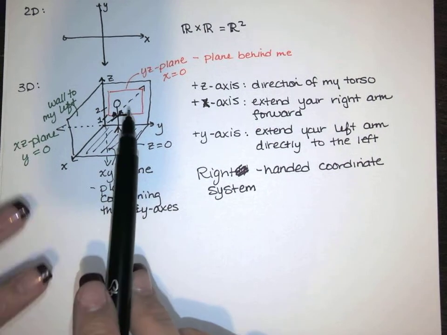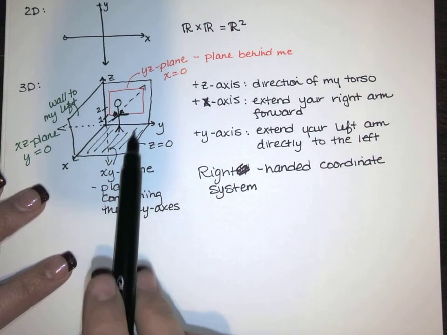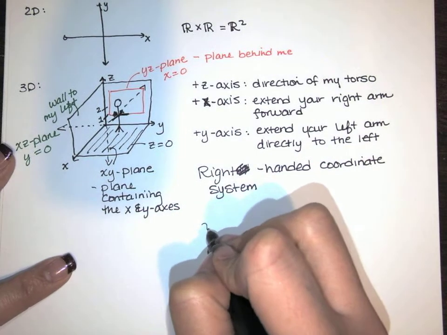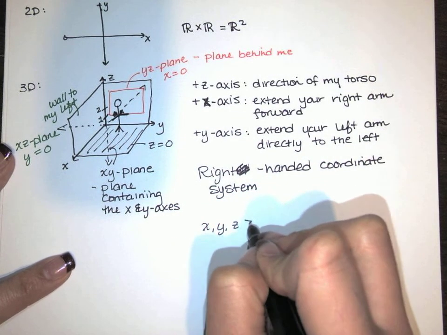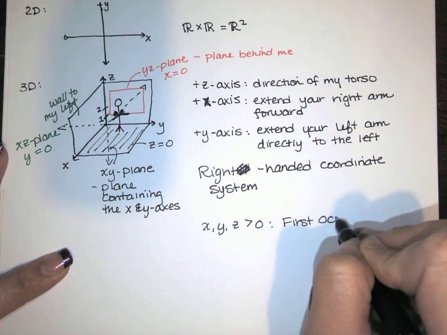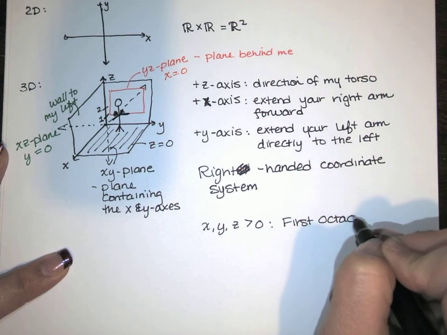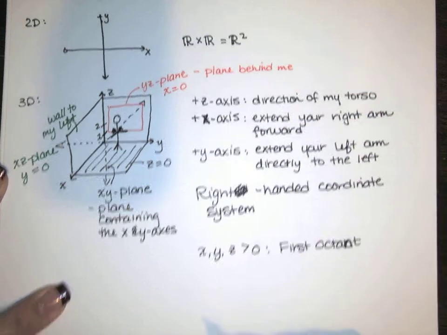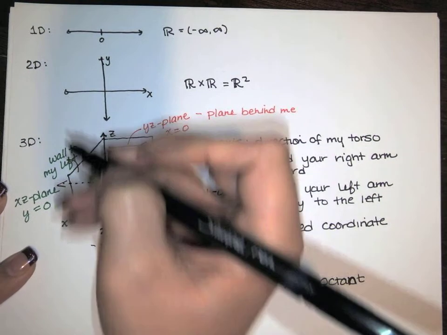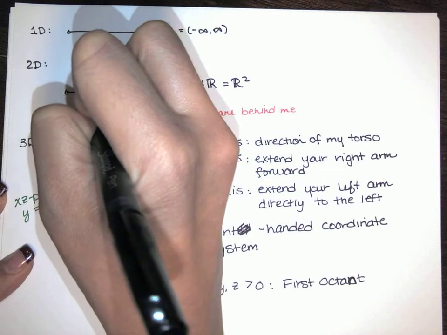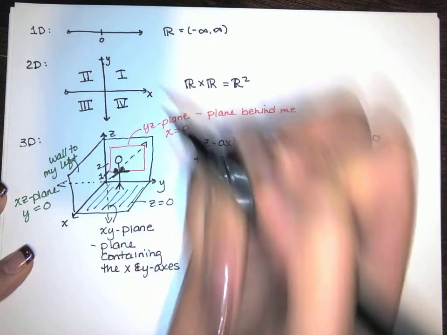And this space that I'm in, where x, y, and z are all positive, we're going to call that the first octant. Remember back in algebra class, we said that that was quadrant 1, quadrant 2, quadrant 3, and quadrant 4.